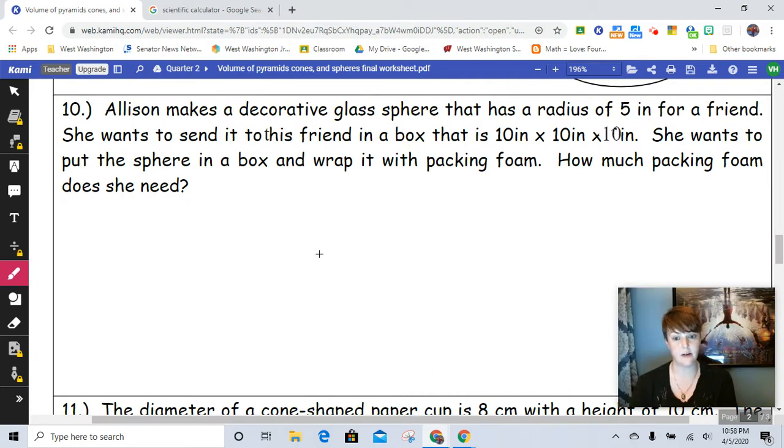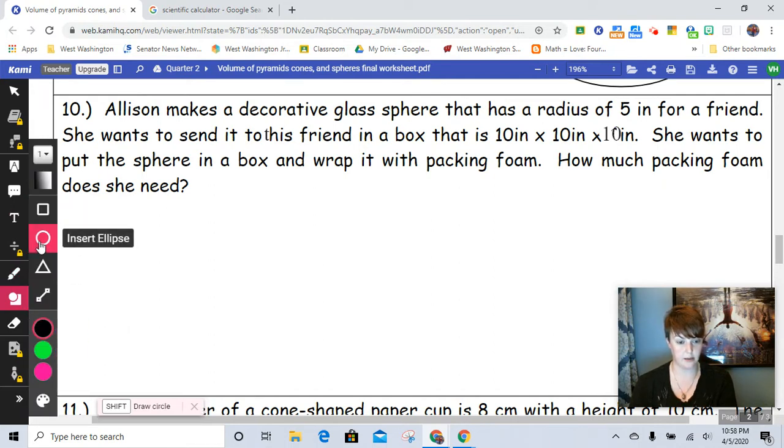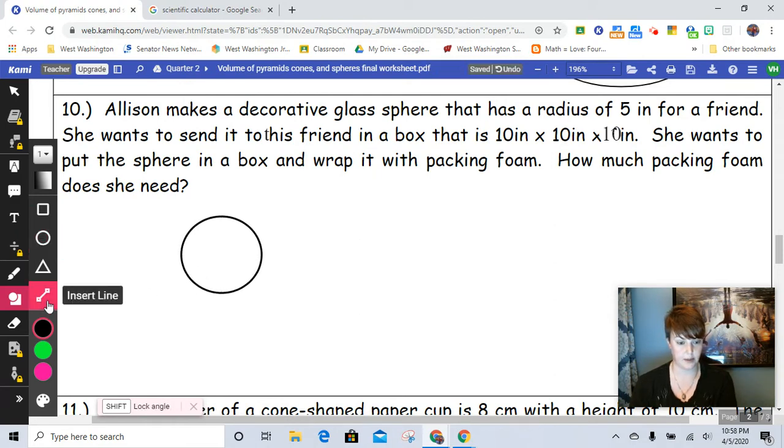Allison makes a decorative glass sphere that has a radius of 5 inches for a friend. So I'm going to go ahead and draw this out, and it's essentially a circle. There we go.